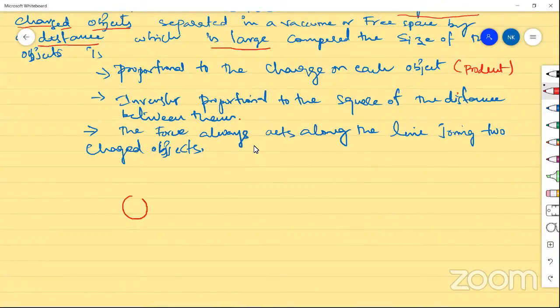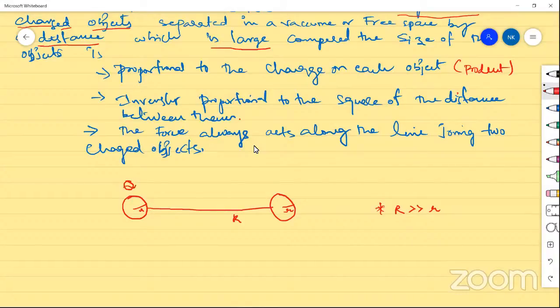There are two objects. Let us say this object has a radius r, and this object has a radius r. The distance between them is, let us say, capital R. R is far greater than r. This is very important. This is the first condition. Now these are charged objects.